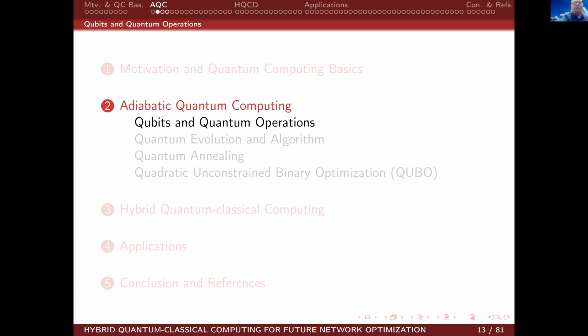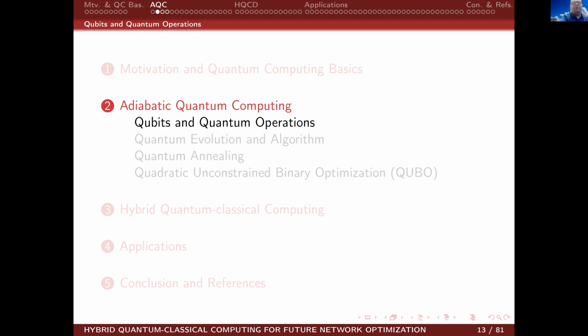In this part, we will first introduce some basic concepts of qubits and quantum operations. Then we will introduce how a quantum algorithm solves a problem. After that, we will introduce one very special and powerful algorithm, the quantum annealing algorithm.